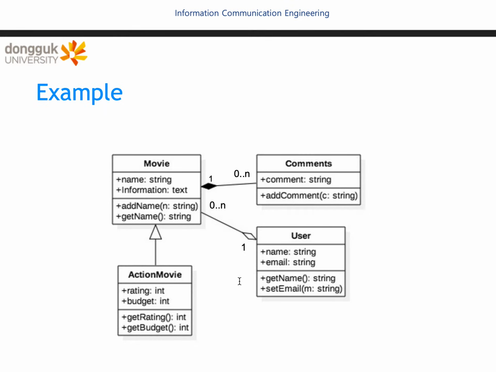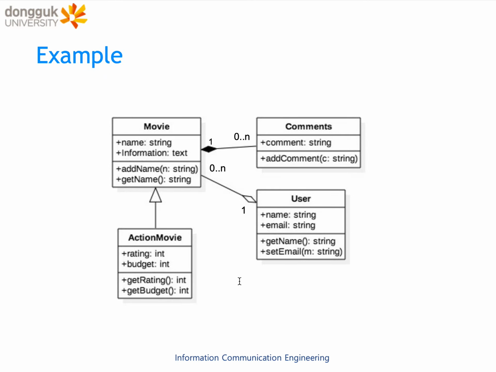So here is the example. We have four classes: movie, comment, user, and action movie. Okay, look at this here. Action movie is a movie.